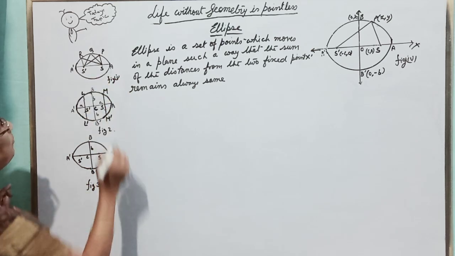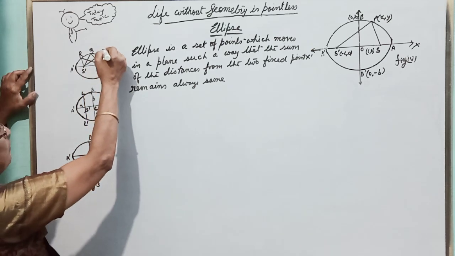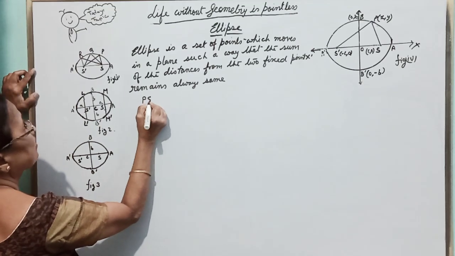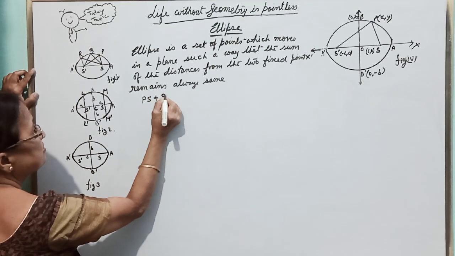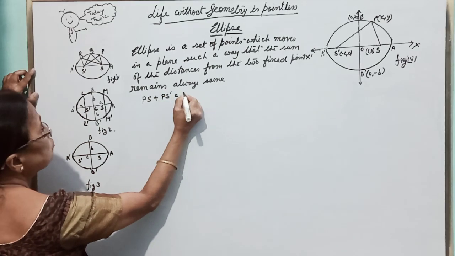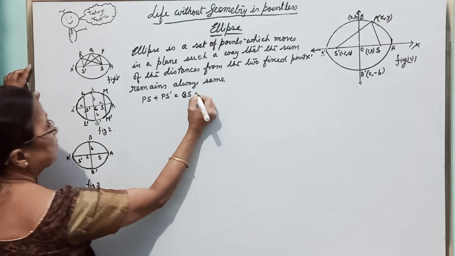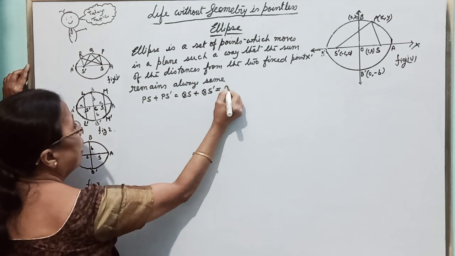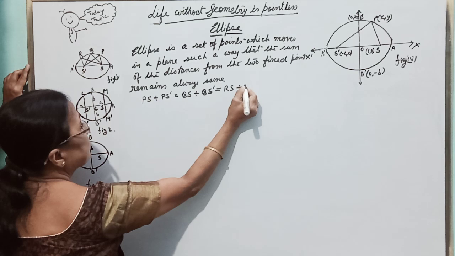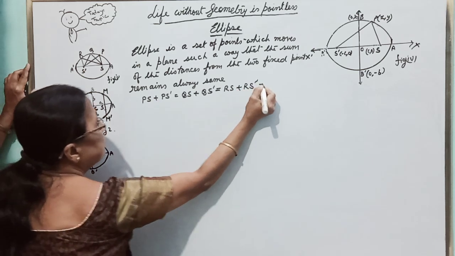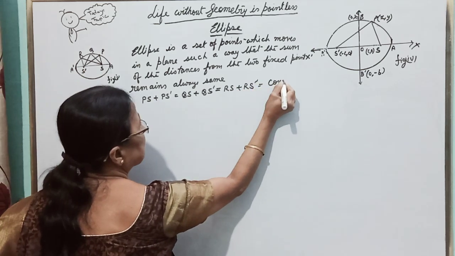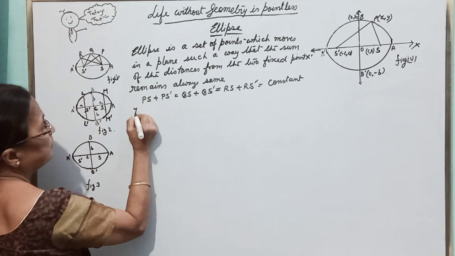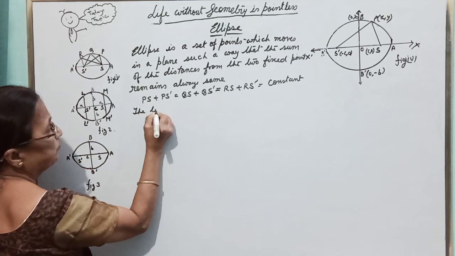Let us consider figure 1. See, there are points P, Q, R on the ellipse. So PS plus PS dash is equal to QS plus QS dash, equal to RS plus RS dash. This is always constant. The two fixed points are known as foci.